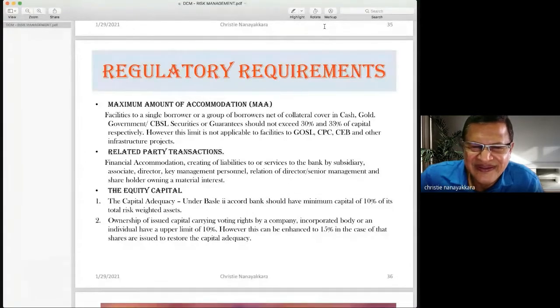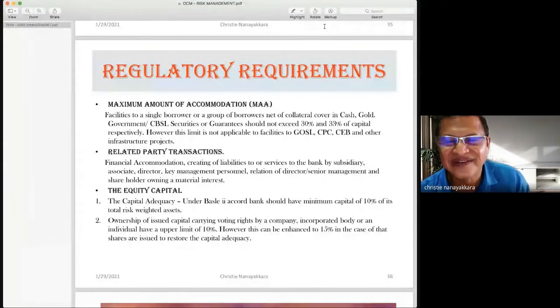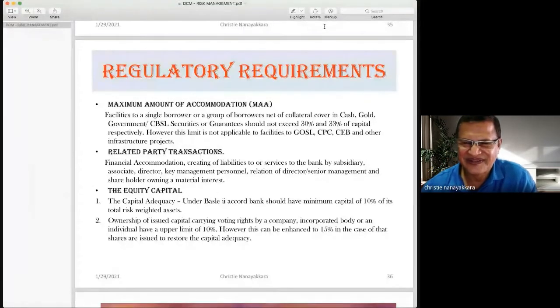So they will sometimes come to you before they open an account and ask what your single borrower limit is, because if they intend to borrow large amounts, they don't want that single borrower limit requirement to be a hindrance for their future facilities. So this is one of the regulatory requirements.